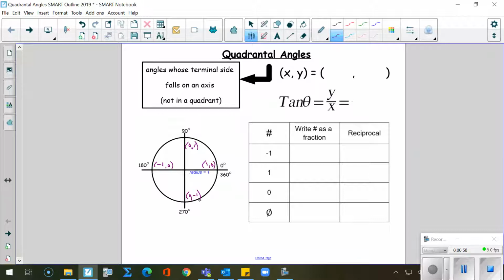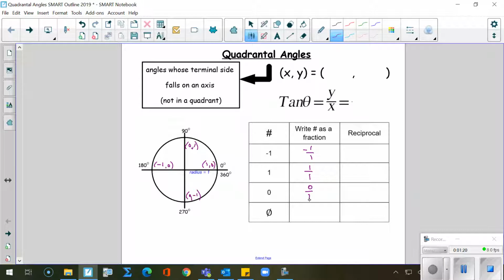So it's important for us to remember how to do reciprocals of those special types of numbers. Looking at the table, -1 as a fraction is written as -1 over 1. 1 as a fraction, 1 over 1. 0 as a fraction, 0 over 1.